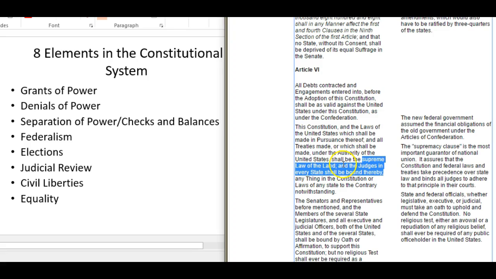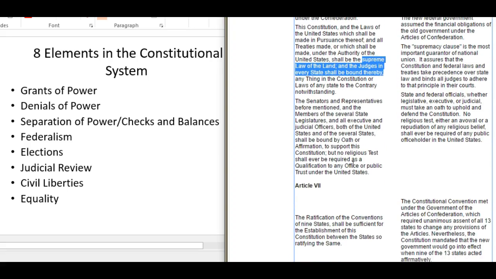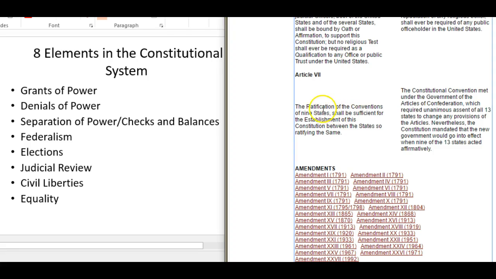What it means is that when Congress is doing something that is fully within their power to do, the states cannot either interfere or do that exact same thing, in contrast to the federal government. But the states can do lots of other things, and so that's where the conflicts come in. But we'll talk about that a lot more when we talk about federalism. All right, Article 7 is about ratification, so we don't talk about that very much anymore.